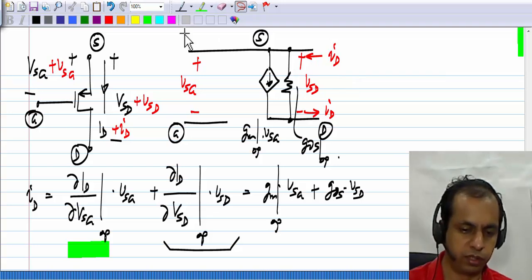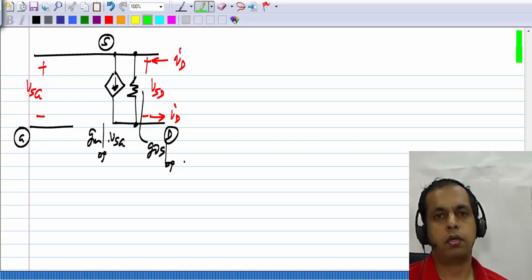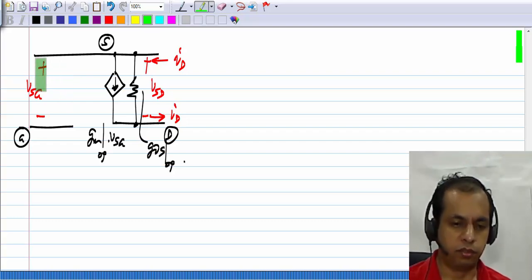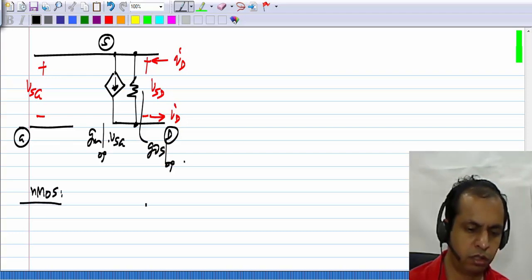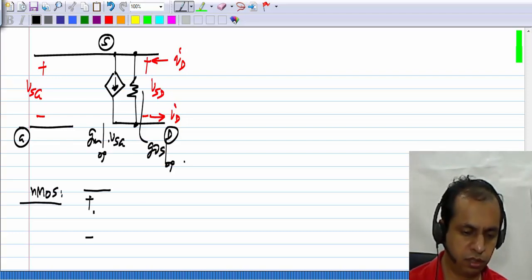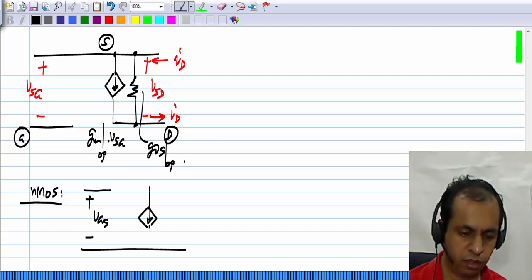That is the following. Let me copy this over. Now in case of the NMOS transistor, the model was in terms of VGS and VDS, and the picture looked like this.